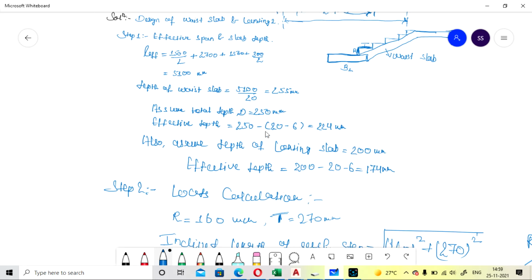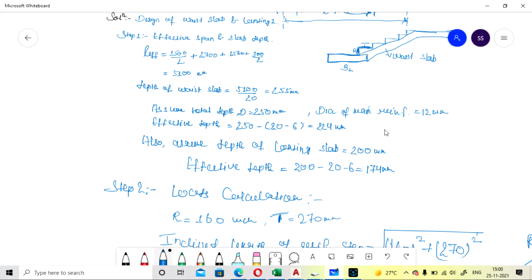So effective depth will be calculated as 250 minus clear cover minus dia of the bar by 2. We are considering dia of the bar as 12 mm. We will write here dia of main reinforcement as 12 mm.